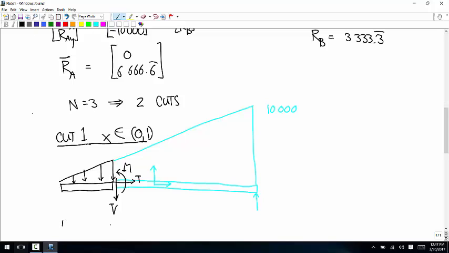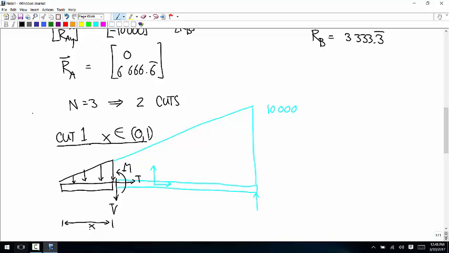The length of this piece that we're looking at is x. If we were isolating the whole thing, we know that the height of the distributed load would be 10,000. We're only looking at this part, and the height of this is obviously not 10,000. So we need a way to represent the height of this distributed load at an arbitrary value of x.